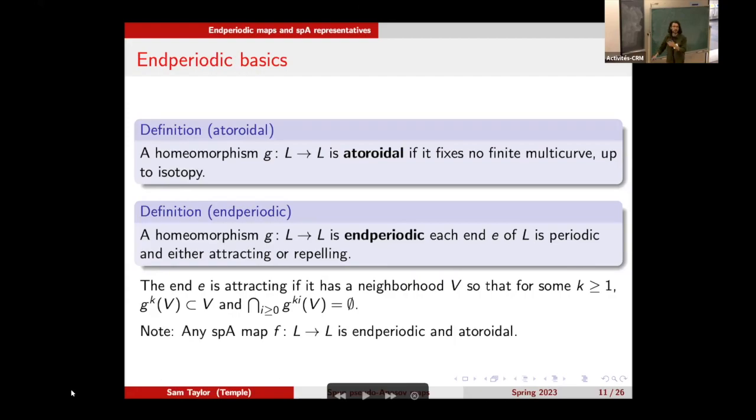Now, I'm just recording this fact that comes from the construction: any spun pseudo-Anosov map has these properties. It's end-periodic and it's atoroidal. Atoroidal just from the fact that the manifold is hyperbolic, and end-periodic because the monodromy of any depth one leaf of a depth one foliation has this end-periodic behavior, because that's how the spiraling works.